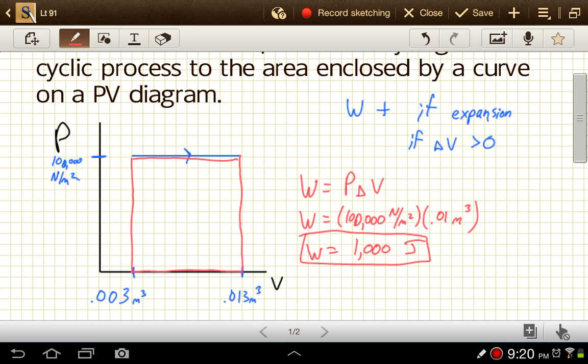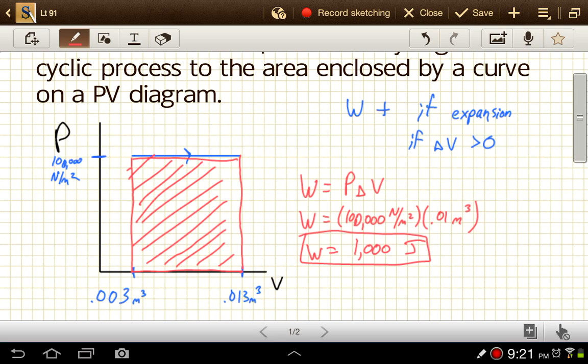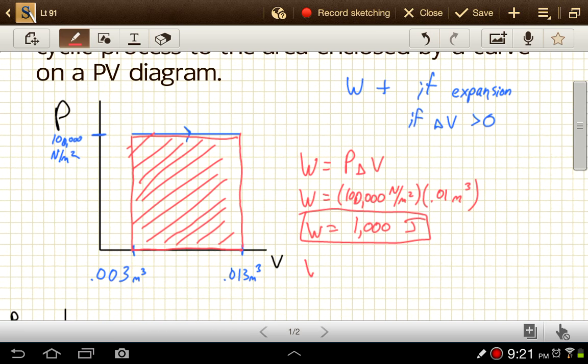When we multiply those together, we are finding the area of this rectangle. And this isn't a fluke. It turns out that in general, if we find the area underneath the curve on a PV diagram, that's equal to the work. So the work is equal to the area under the curve.